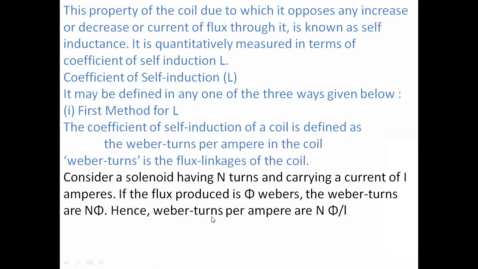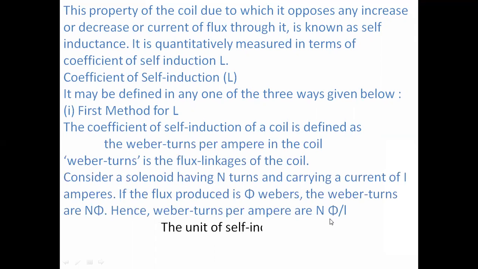Weber turns per ampere are N phi by I. So L is equal to N phi by I. The unit of self-inductance is the Henry, H. Generally we measure inductance in Henrys.